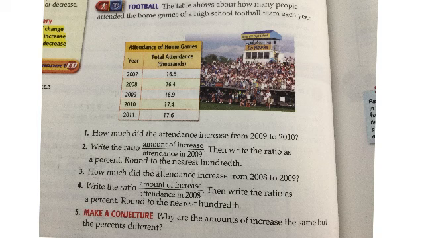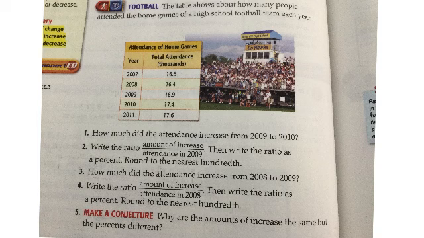Okay, so it says the table shows about how many people attend home football games of a high school football team each year. You'll see in 2007 they had 16.6 thousand, 2008, 16.4 thousand, and so on as you go down the chart. Now they want to know how much did the attendance increase from 2009 to 2010. That's not a rate, that's not a percentage.